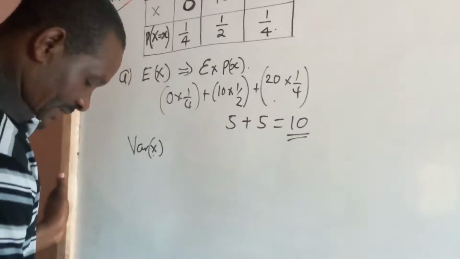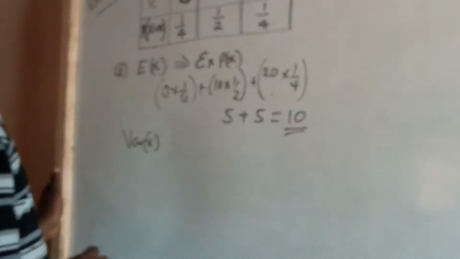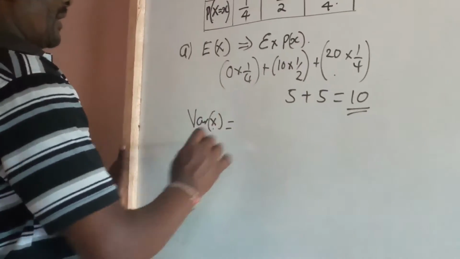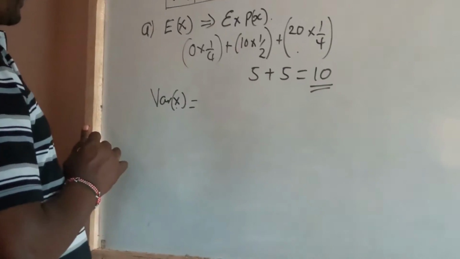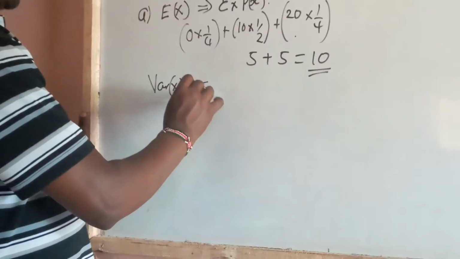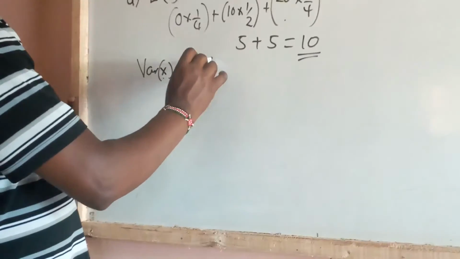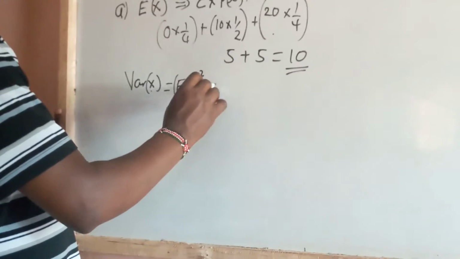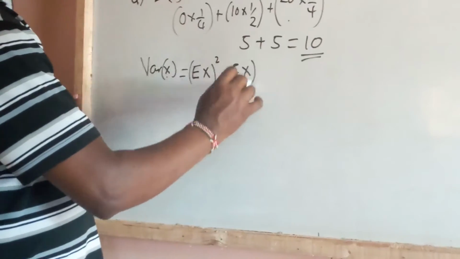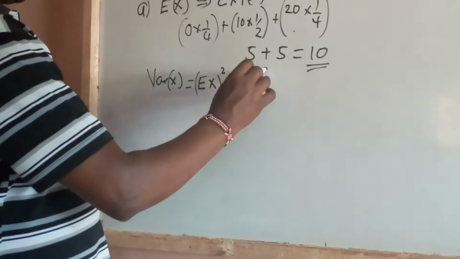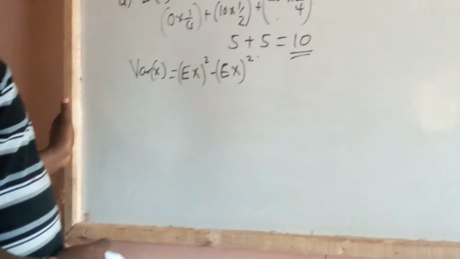What about the variance of X? The variance of X, as we know, is given by the expected value of X squared minus the expected value of X, squared.